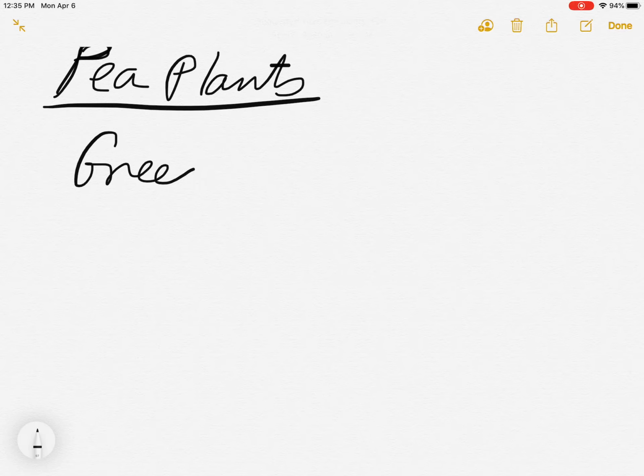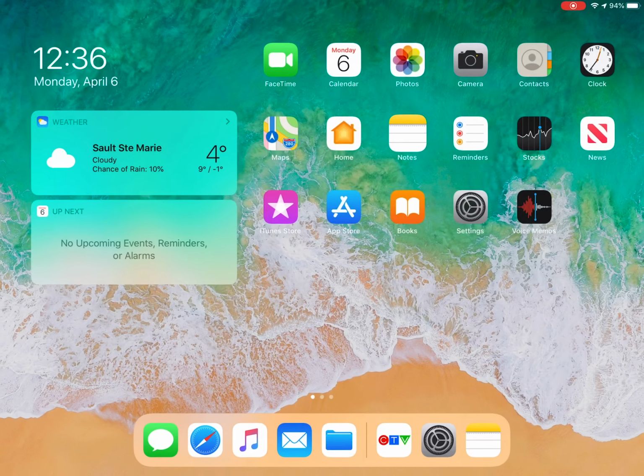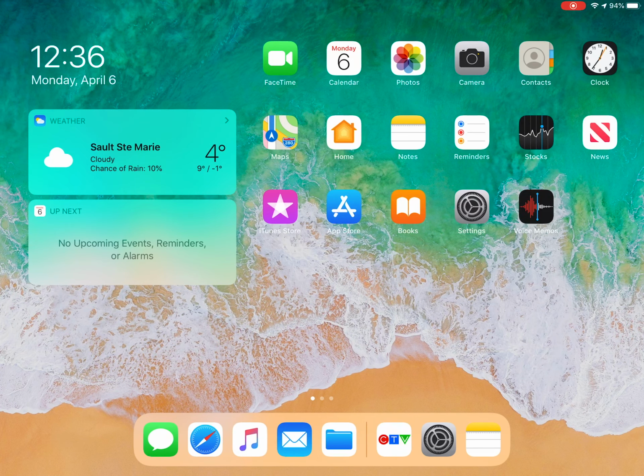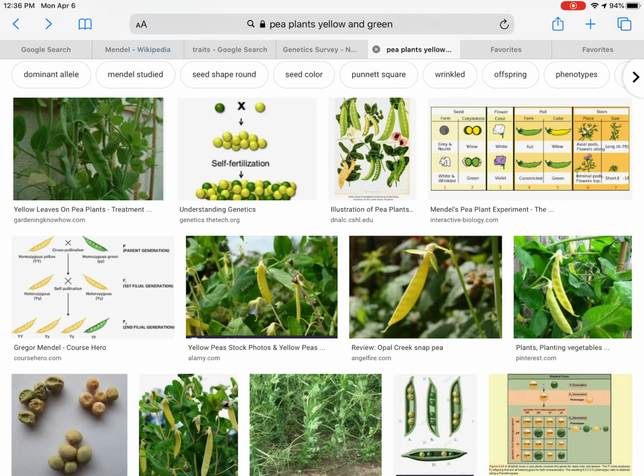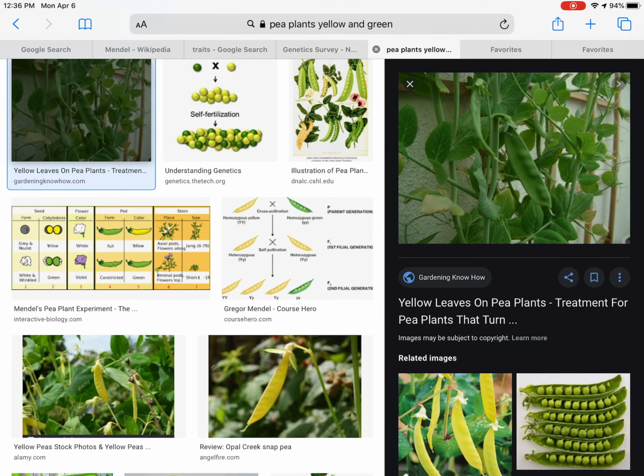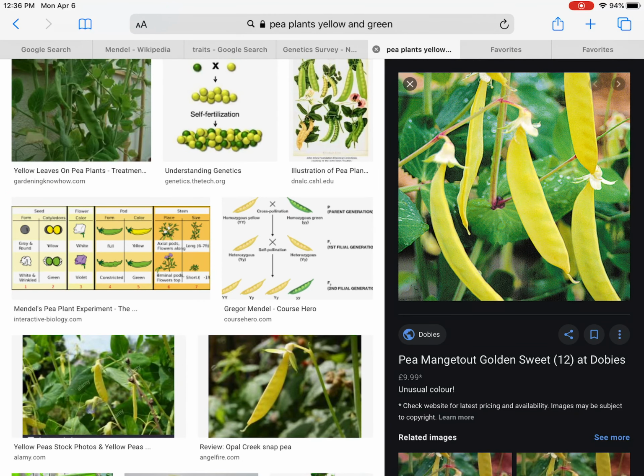They come in green and they come in yellow. Here's a picture, just for kicks. If you look on the right side of your screen, you can see the green peas. And if I flick to this picture, you can see that some of them are yellow. And that's a trait. And he thought that's interesting.